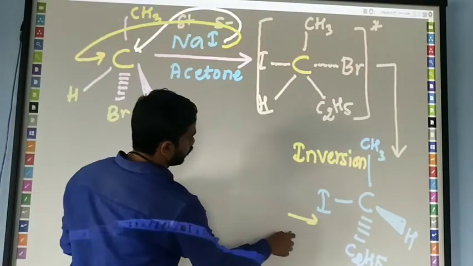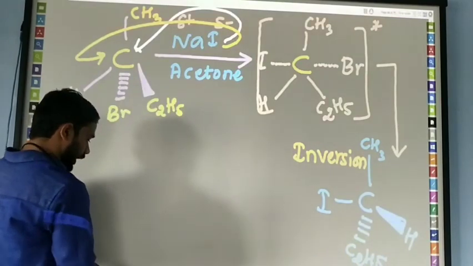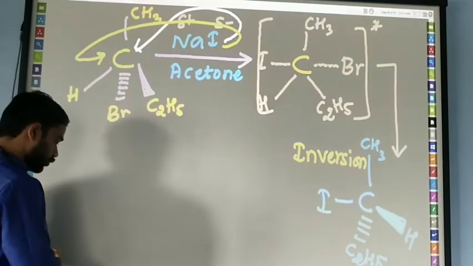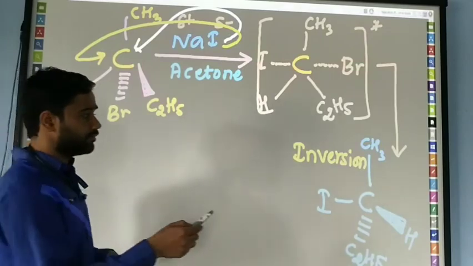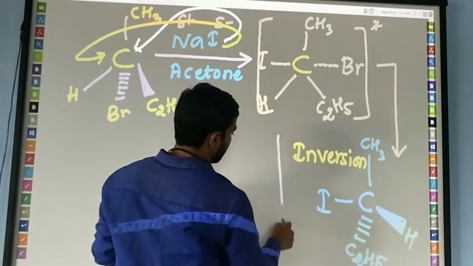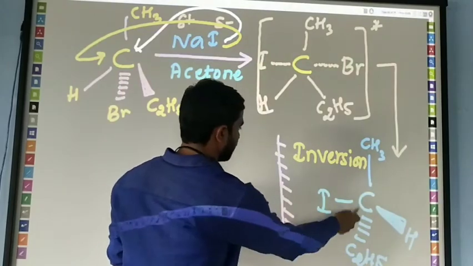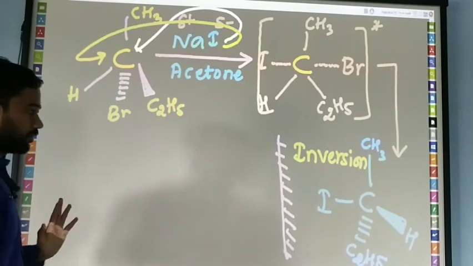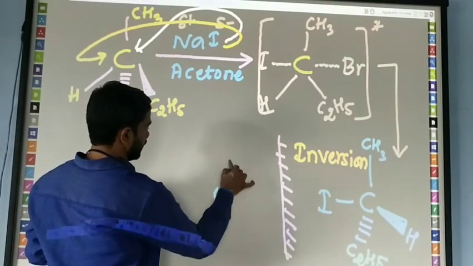Here we are preparing two types of products. The first one is known as the inversion product, the second one is known as the retention product. How is it produced? Without going into the mechanism, we just take the mirror image of this complex. That gives the retention product. Let me draw for you. Carbon here, here is a methyl.